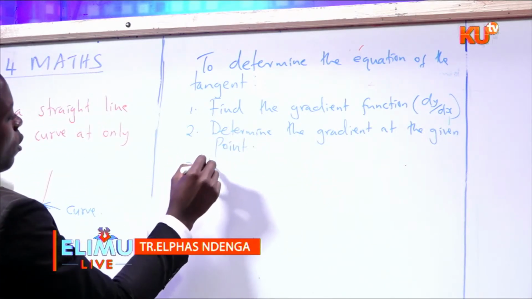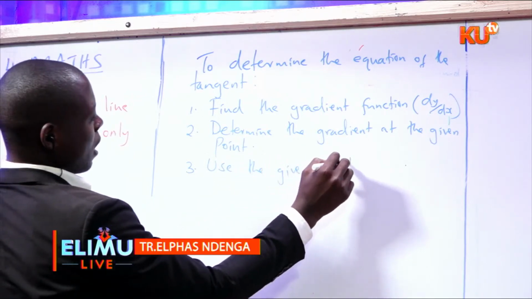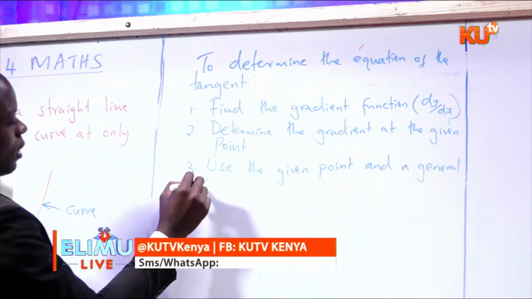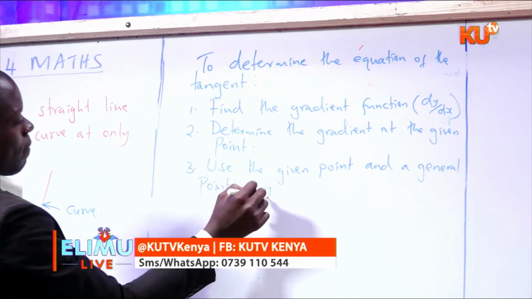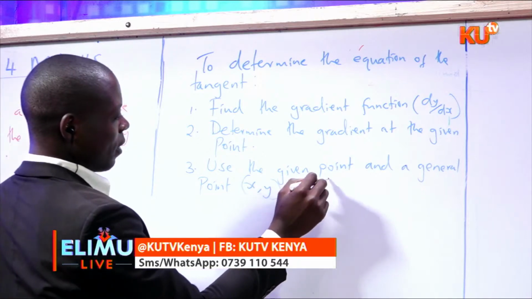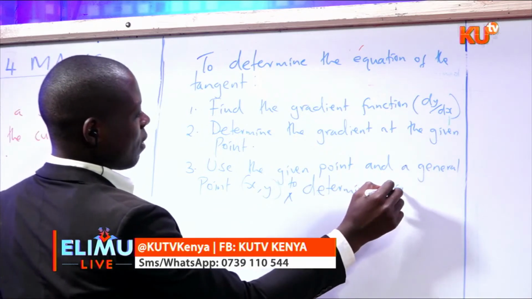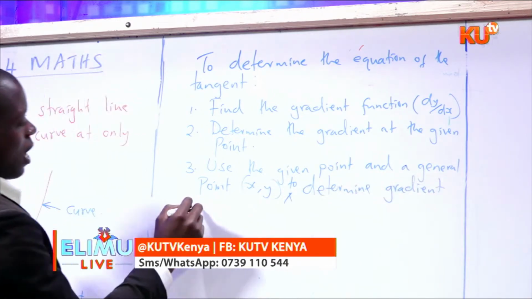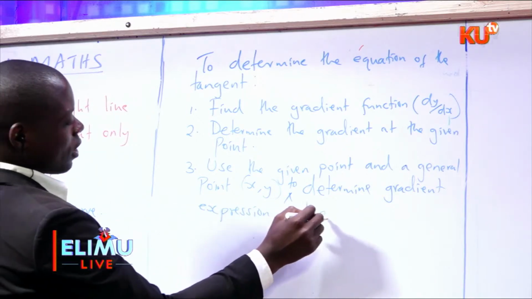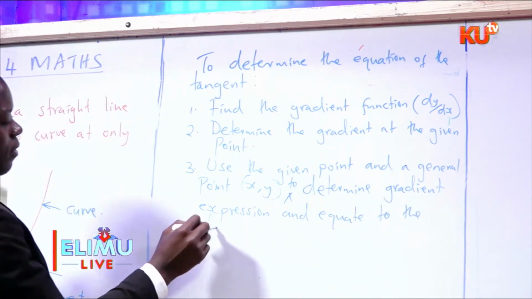Number 3, you use the given point and a general point xy. Why do we need to use the two? We need to use the two to determine the gradient expression and equate it to the determined gradient.